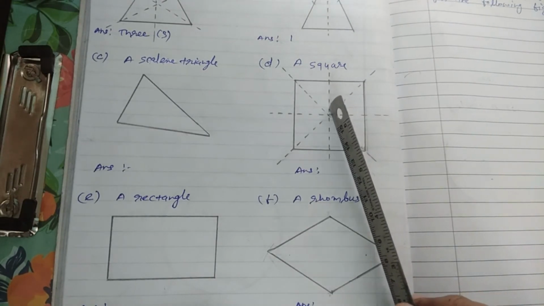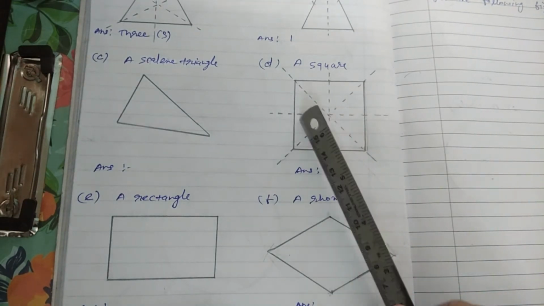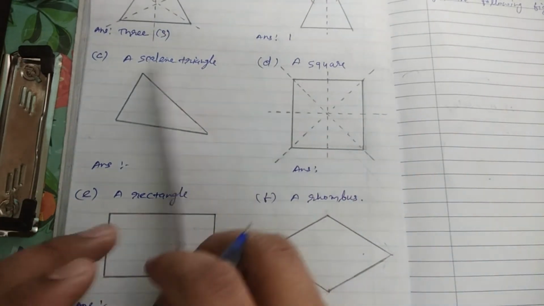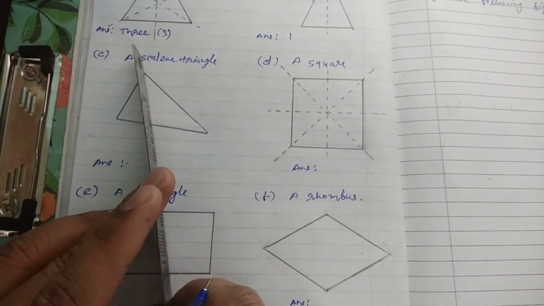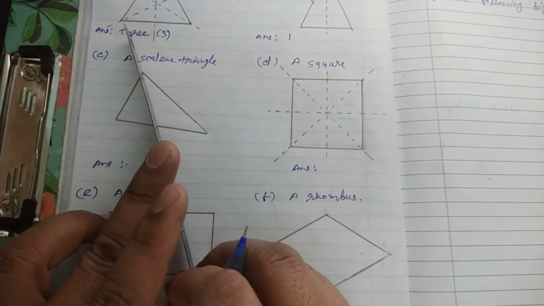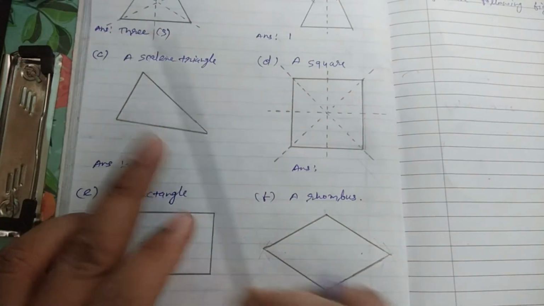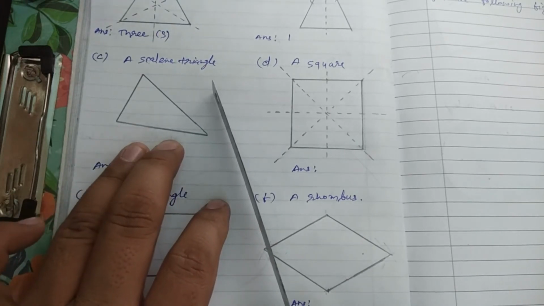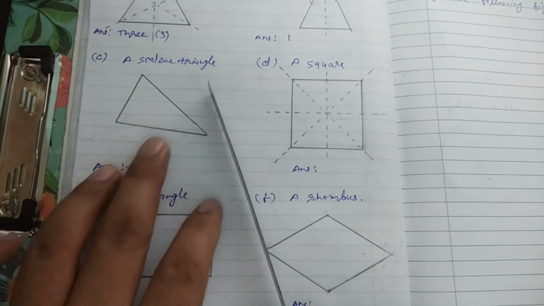Next, scalene triangle. This is a kind of triangle in which all the sides are different. Here we will check from one vertex to the middle point of the opposite side.